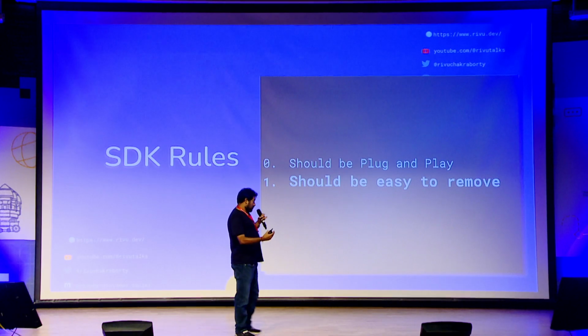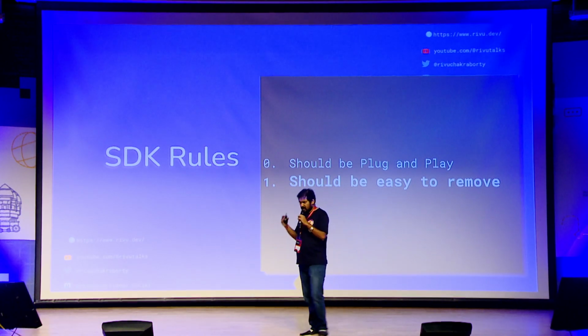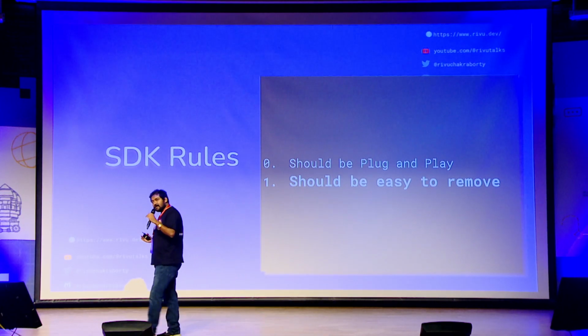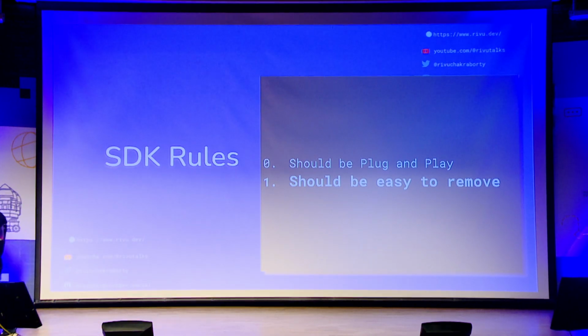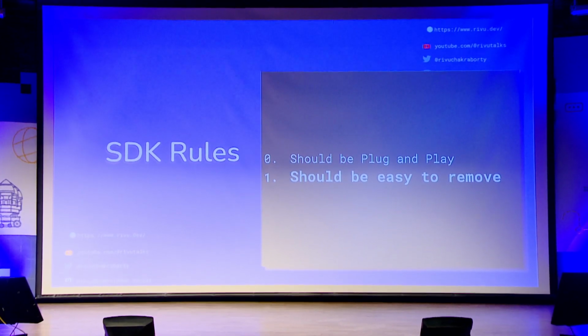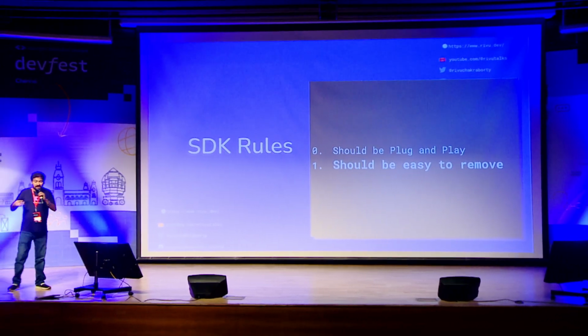Whenever you build an SDK, whether internal or external, you should always consider the app where you are going to use that SDK as a client. So if the client wants to remove your SDK, that should be just like removing a dependency and removing the SDK calls. That's it. That should not need any more tasks.